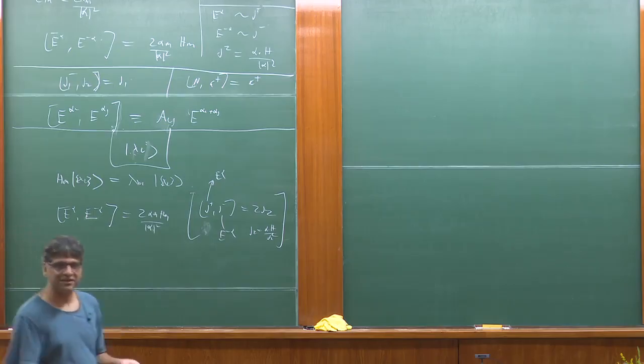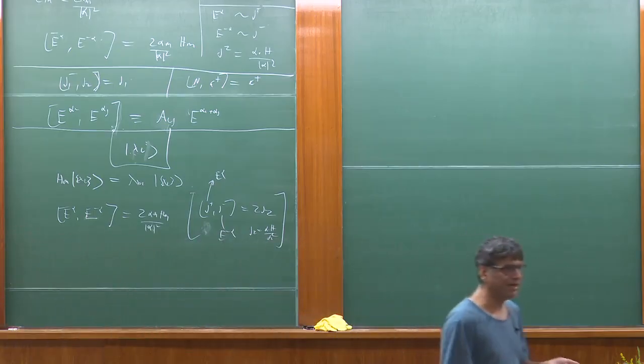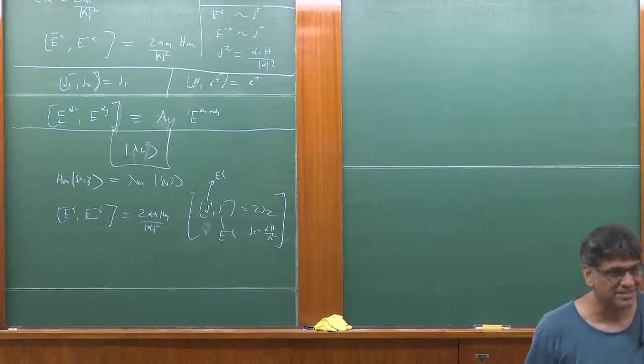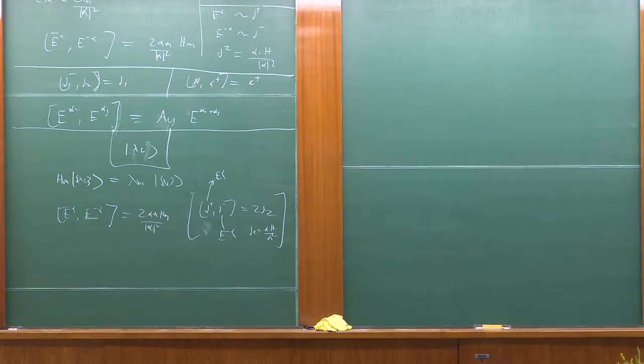Because if you take the three generators, E_alpha, E_minus alpha, and this particular linear combination of H's, the commutation relation between them closes and gives you that of SU2. I'm not saying that it's like a direct product. It's not true that these SU2s don't talk to things outside. They do. But that's not important for what we want to say. Between the three of them, they implement an SU2 algebra.